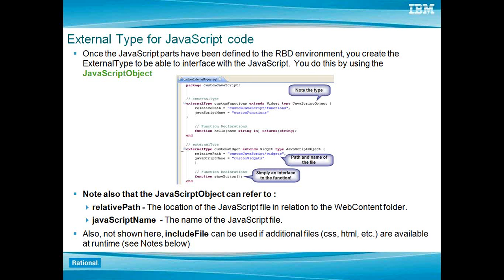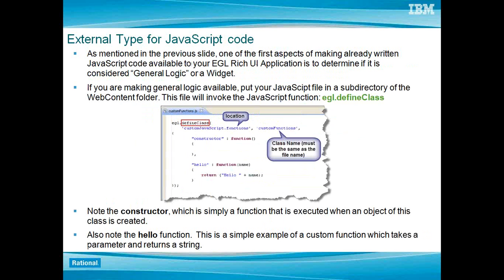And within the curly braces, we have some other properties like relative path, the path where this function exists, and then JavaScript name, the name that we have given to the class. And this would be the same name as the JavaScript file.